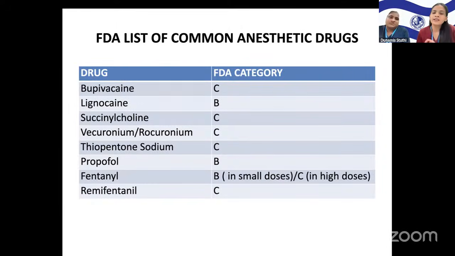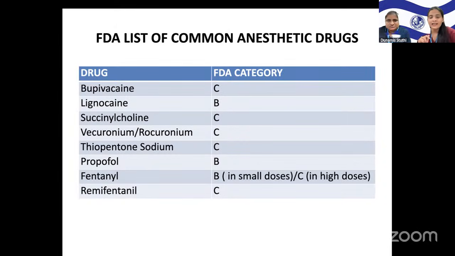FDA has given us a list of commonly used anesthetic drugs, ma'am. The categories are as follows. If it is A category, it means that there is no fetal risk present in the first trimester or later. If it is B category, there is no risk in animals, no studies in pregnant females. C category says that there are studies with animal risks or harm present. In D category, there is high risk in humans, but the benefits outweigh the risks, so it can be used.